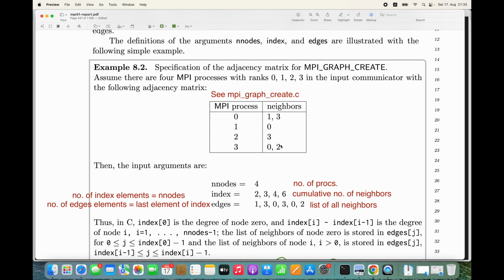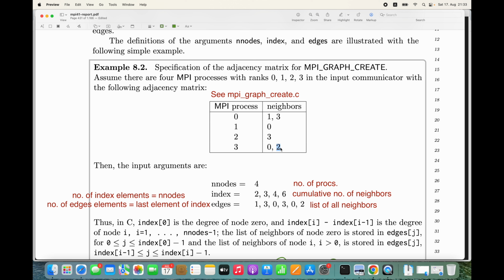And you can notice that it has a symmetry, right? Process 0 is in contact with 1 and 3, and process 1 is in contact with process 0, and process 3, which is the neighbor of process 0, is also in contact with process 0. And process 2 is in contact with process 3, and process 3 is also in contact with process 2.